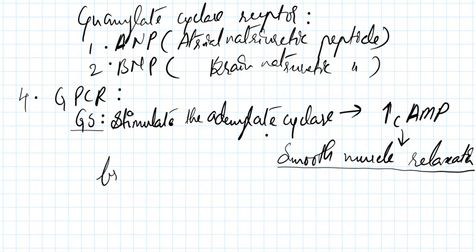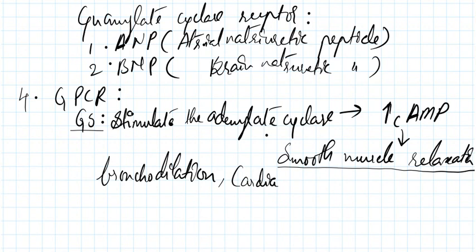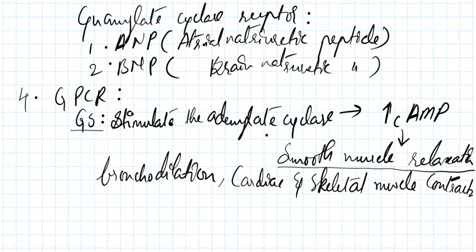Examples where we can see this are bronchodilation, and we also see cardiac and skeletal muscle contraction. Now, what are the examples of this Gs type of receptors?